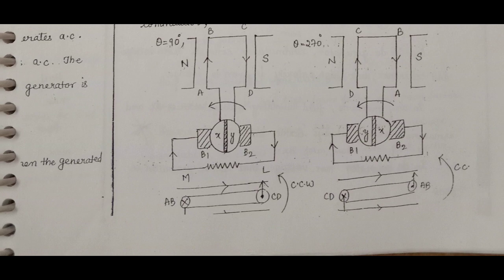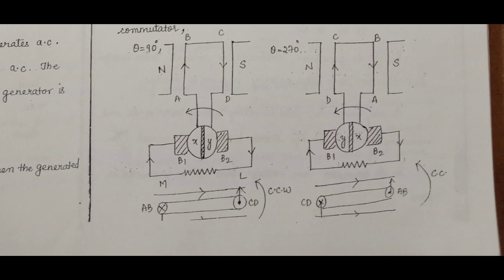You can observe it by the Fleming left hand rule. At 270 degrees, because of the commutator, the conductor which comes under the north pole is CD. That CD conductor also carries a cross current, that is, incoming current.